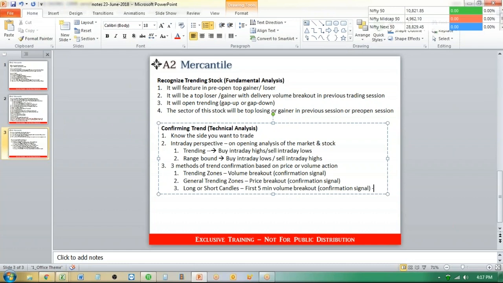Just be cautious in this case when you are working with long and short candles. No trending zone should be formed. In case a trending zone is formed before this breakout happens, then you will follow the trending zone and not the long or short candles.